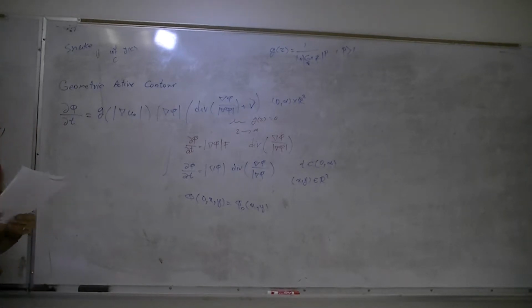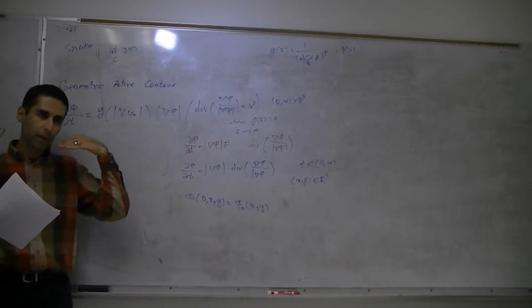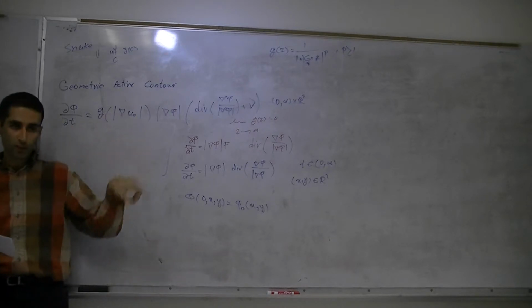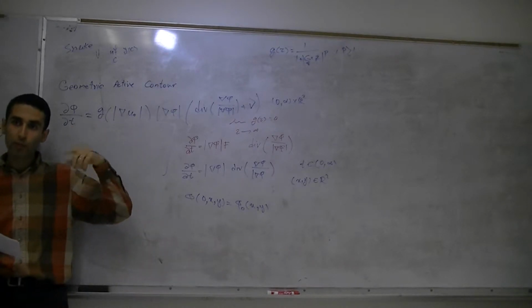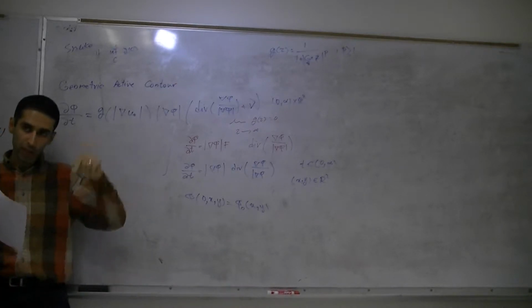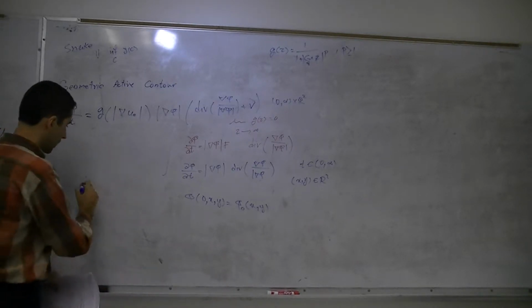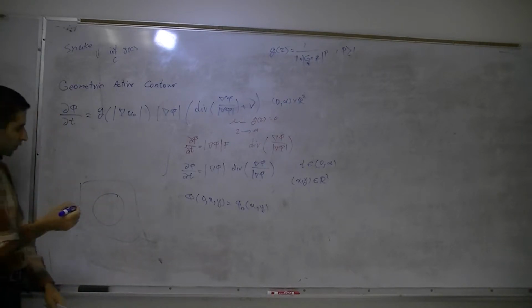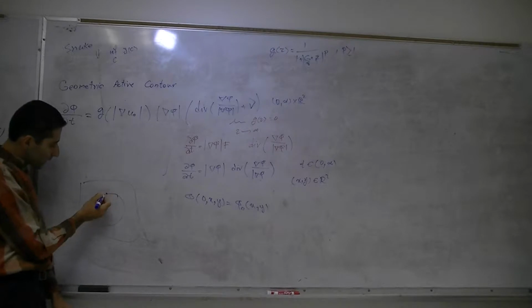So what do you mean by the derivative of phi over t? Okay, the derivative of phi over t shows the changing of the curve over time. You start with some initial curve and you want to change it based on the gradient in each point of the image. For example, you have some gradient here.